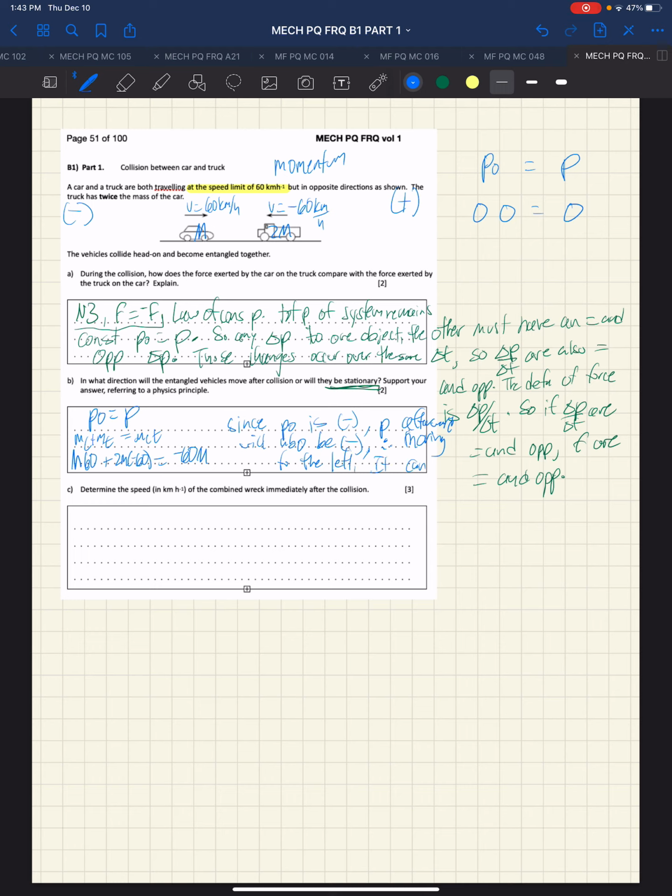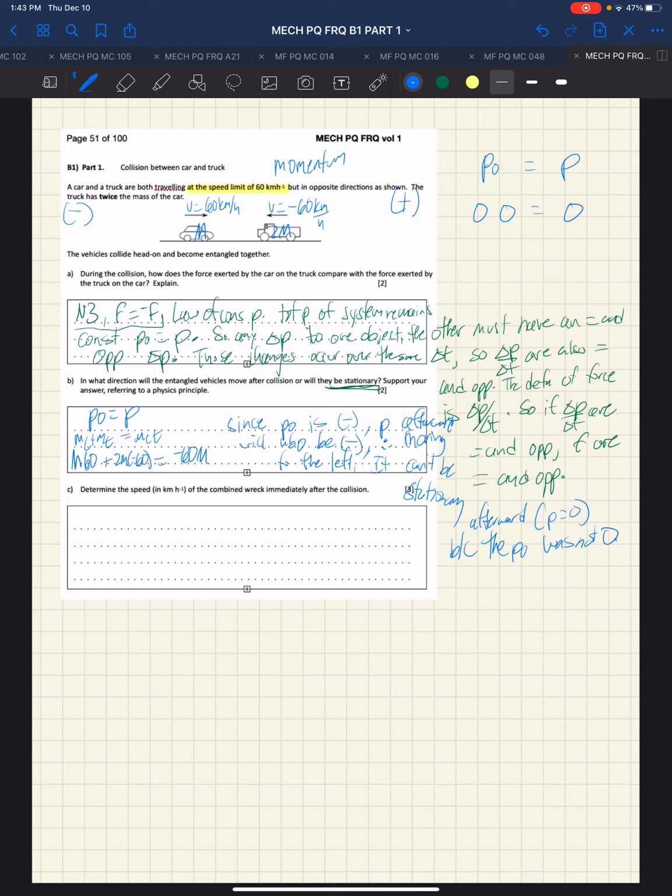It can't be stationary. Afterward, momentum equal to 0 is not possible, because the P0 was not 0. And now we've done an incredibly thorough job of answering that question.